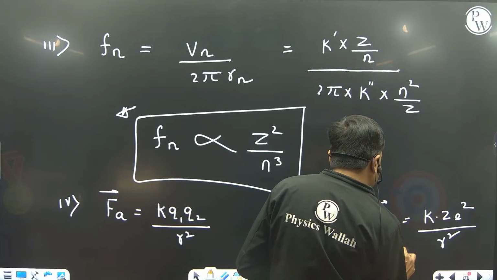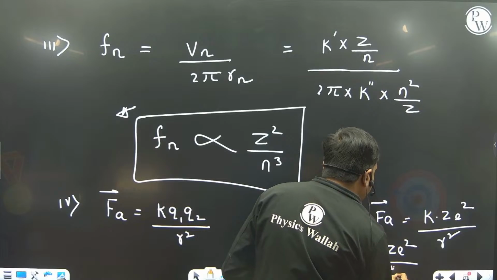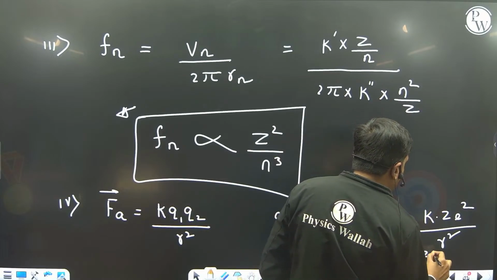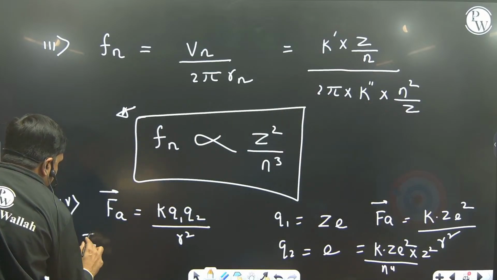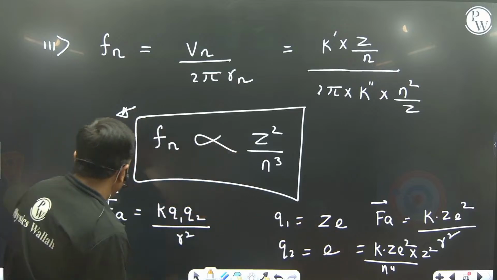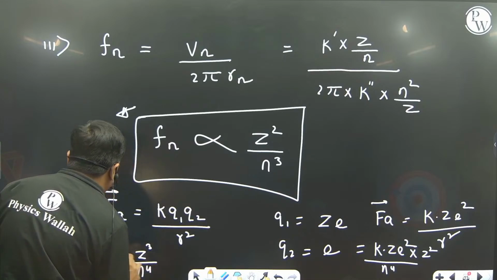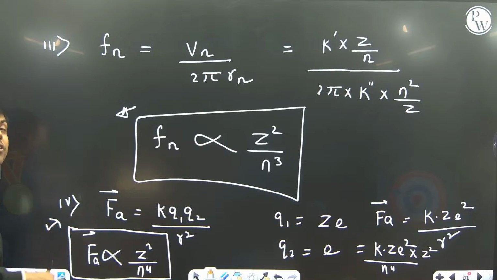So K Z square upon R square, this will go as n to the power 4 and this will go as Z square, so this Z square will go up. So Coulombic force of attraction will be directly proportional to Z cube upon n raised to the power 4. An important one.